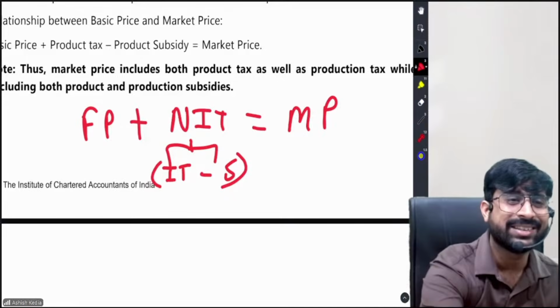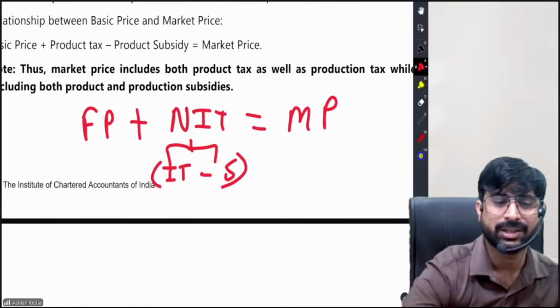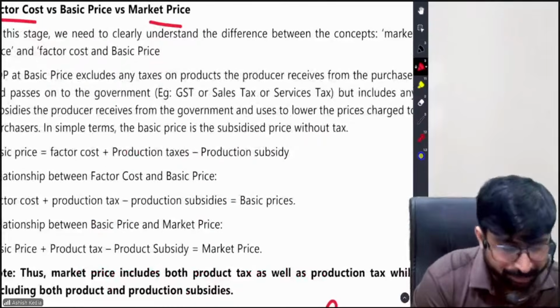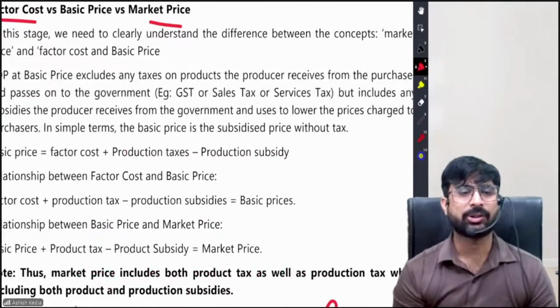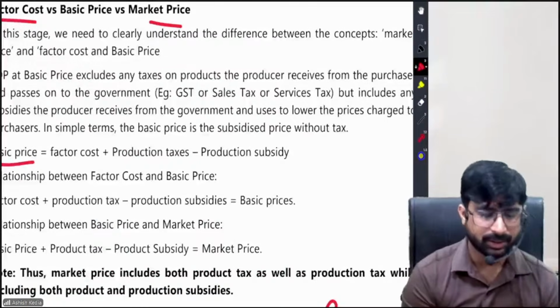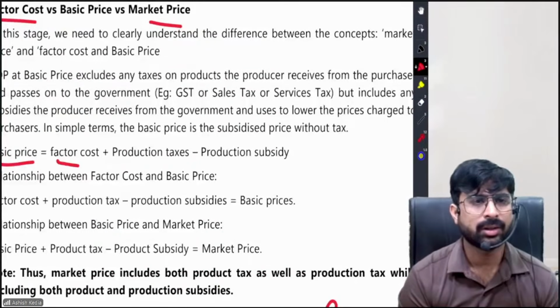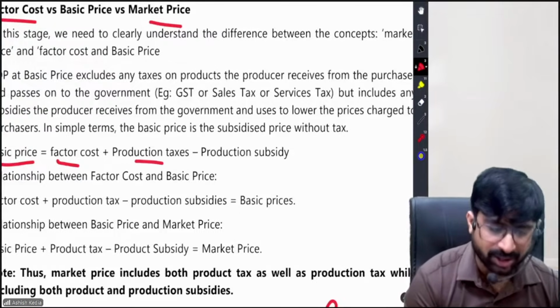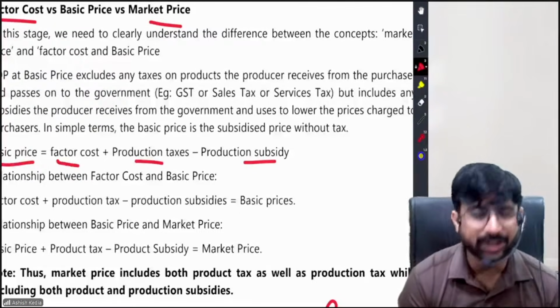But there is another angle in between, which I did not explain. There is a concept of basic price. Anything at basic price means the factory cost plus one indirect tax called production tax minus production subsidy.